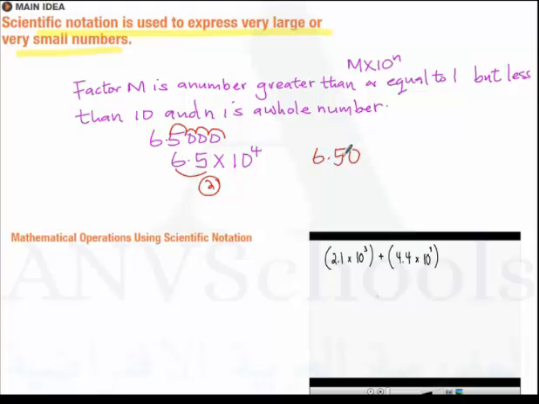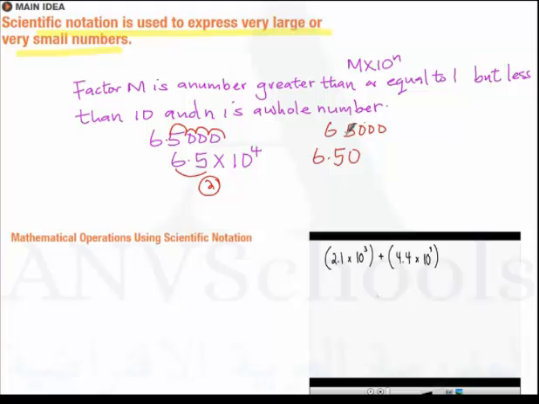Then you would have moved, let's see, 1, 2, 3, 4 steps, if the decimal is here.